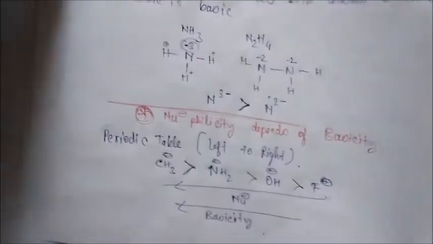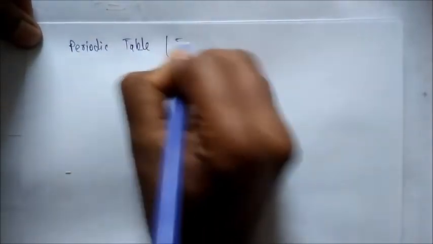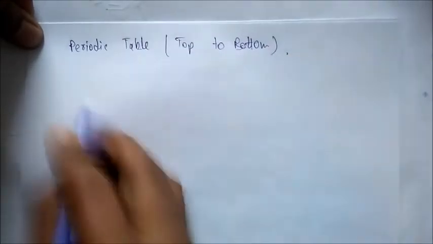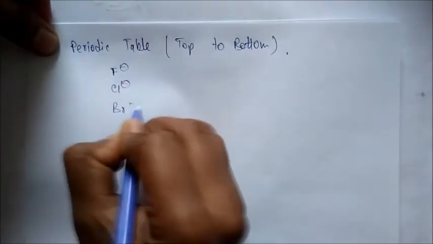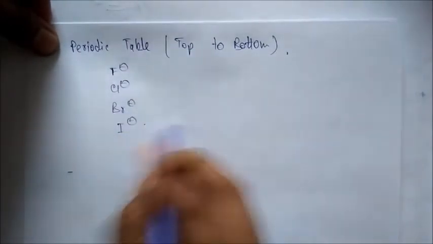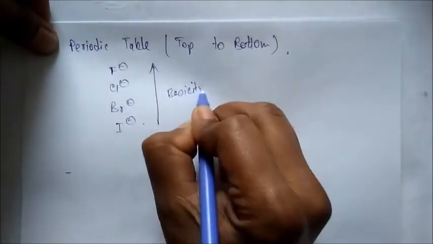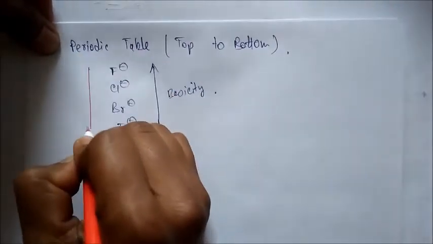But if we see from top to bottom, let's write here periodic table, top to bottom, say fluorine, chlorine, bromine, iodine. So basicity is in this order. Nucleophilicity will be in the opposite order.